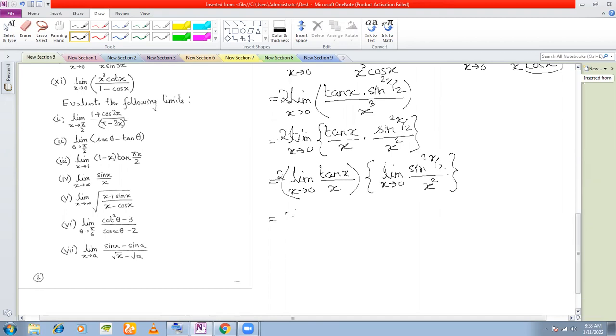Now limit x tends to 0, tan x by x is equal to 1. Okay, we only need to take care of this limit. So what do you see? In the numerator, you have a sine square x by 2. And the denominator, you have x square. What is missing? Only a 2 in the denominator, x square by 2.